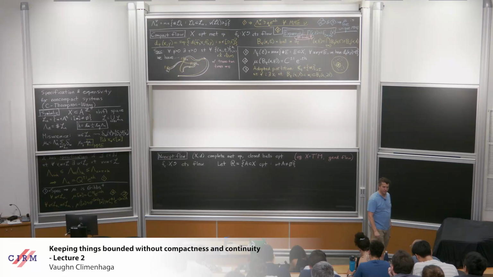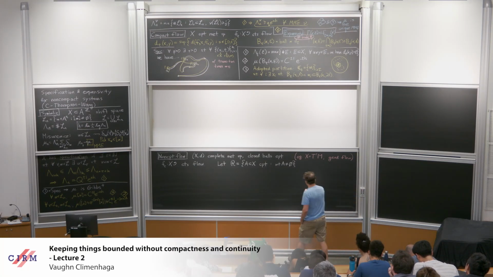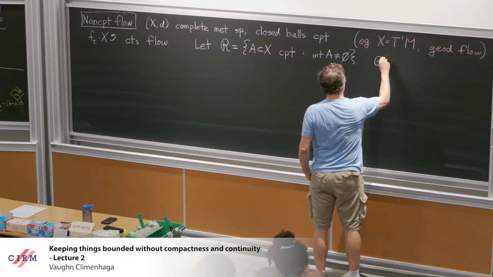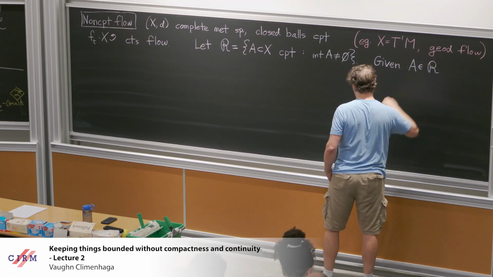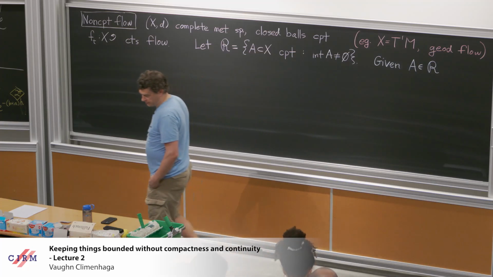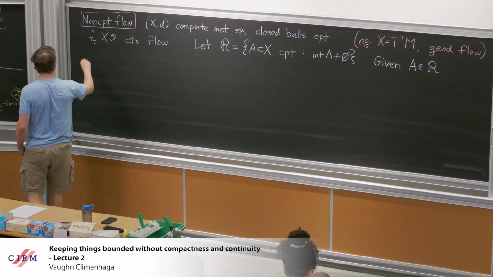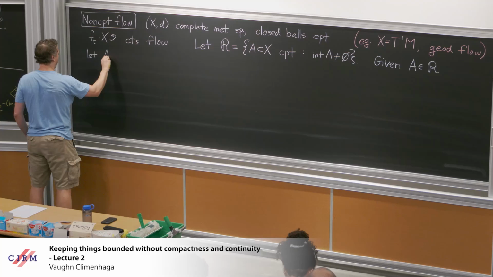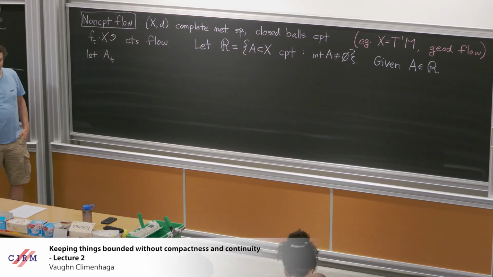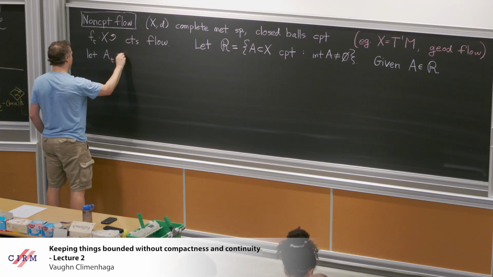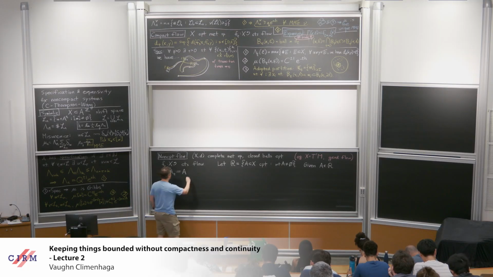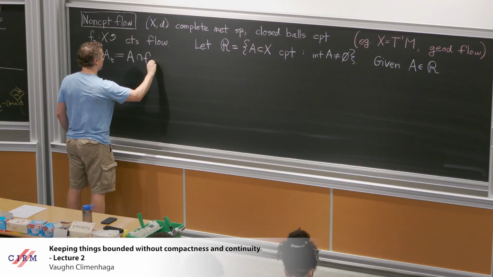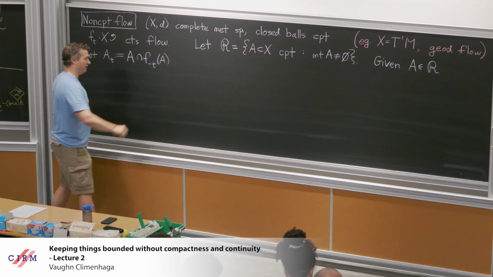This is why I use the symbol R. So we have these reference sets. And given a fixed choice of reference set, I want to define lambda t as follows. I'm going to let A subscript t denote the set of points which are currently in A, whose orbits also return to A after time t.